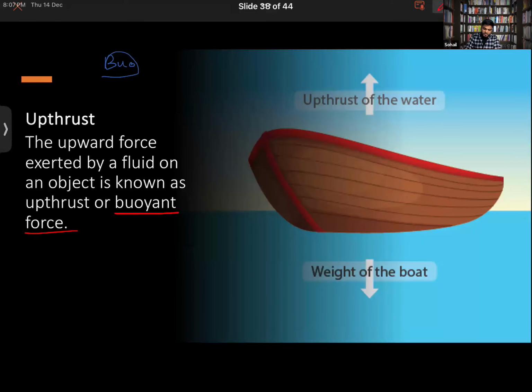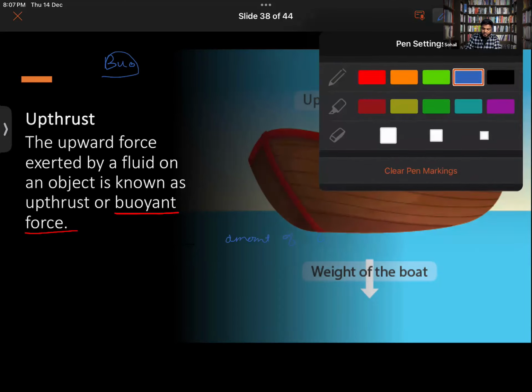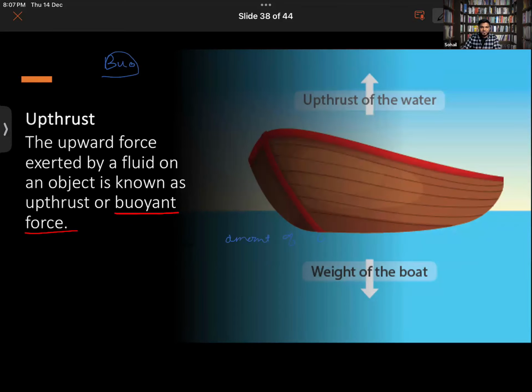Also, you know that when you immerse some object in the liquid, some amount of liquid is displaced, right? The amount of liquid that is displaced will be equal to the magnitude of upthrust.